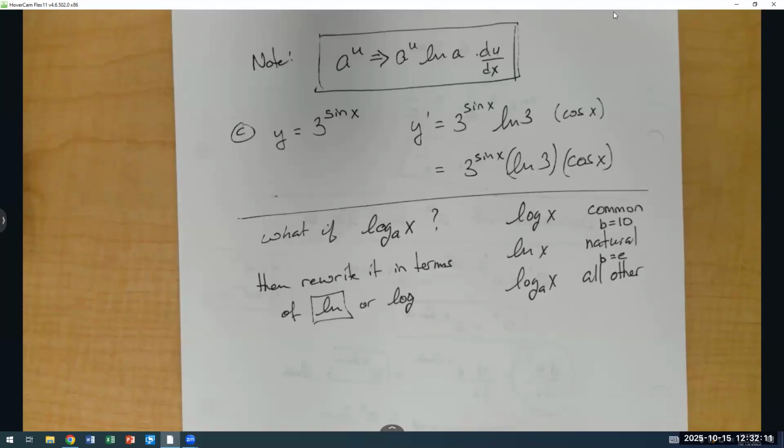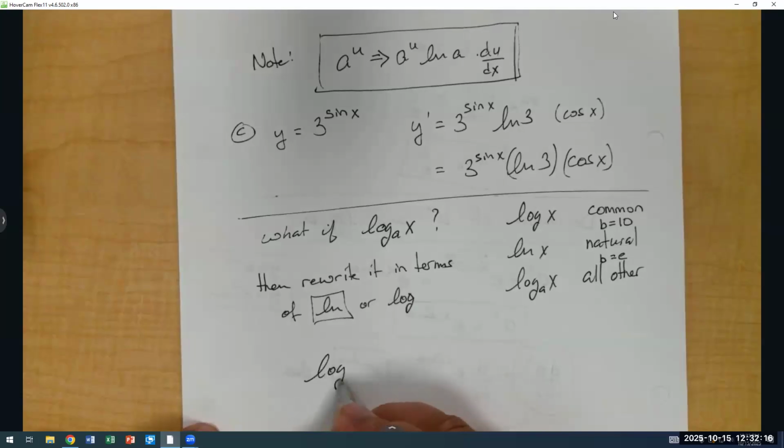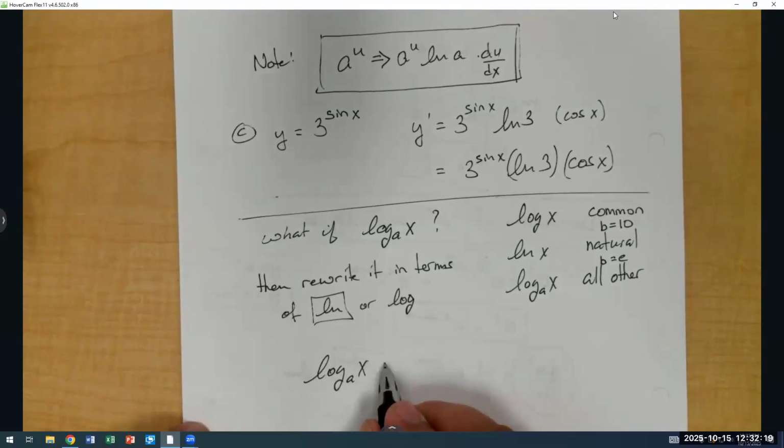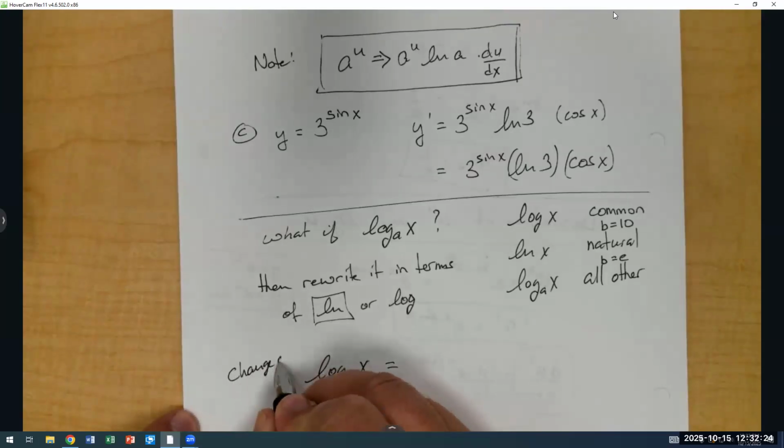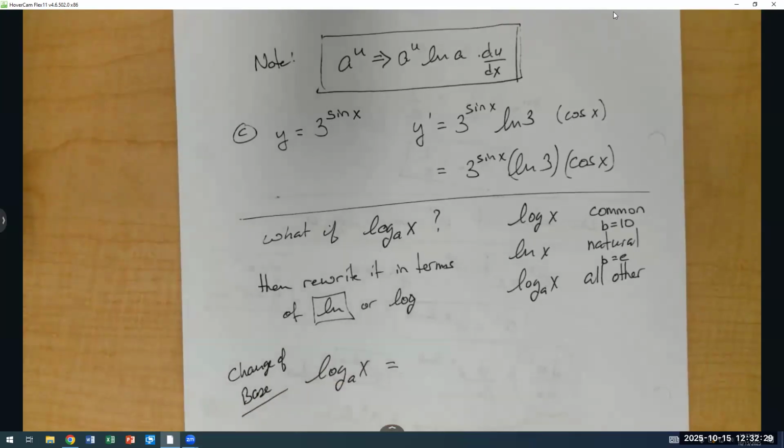The most common question at this point is, how do we do that? Log base a of x uses something called the change of base. You should have learned this in algebra. What the change of base does is it takes the log of any base and rewrites it as a ratio of either natural logs or common logs.